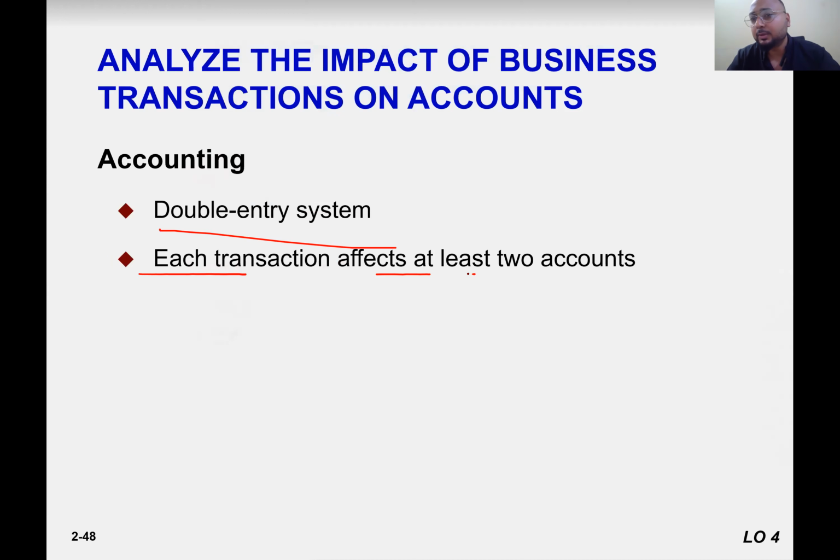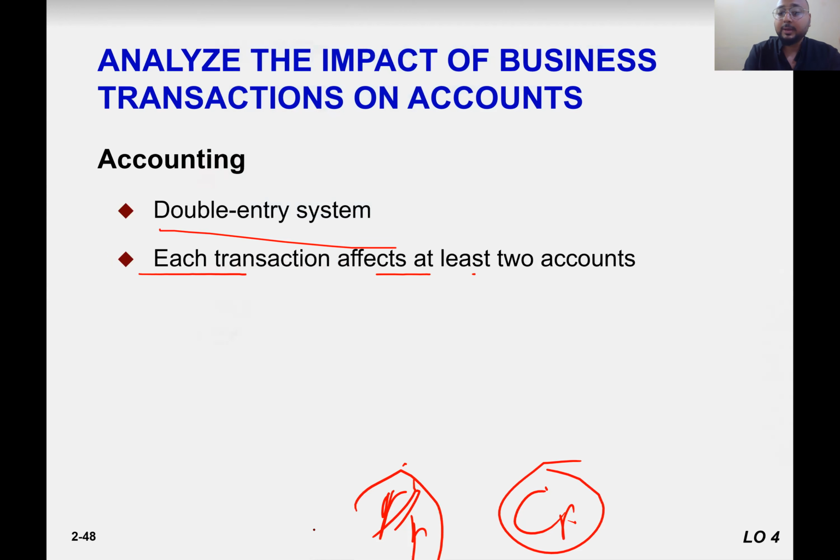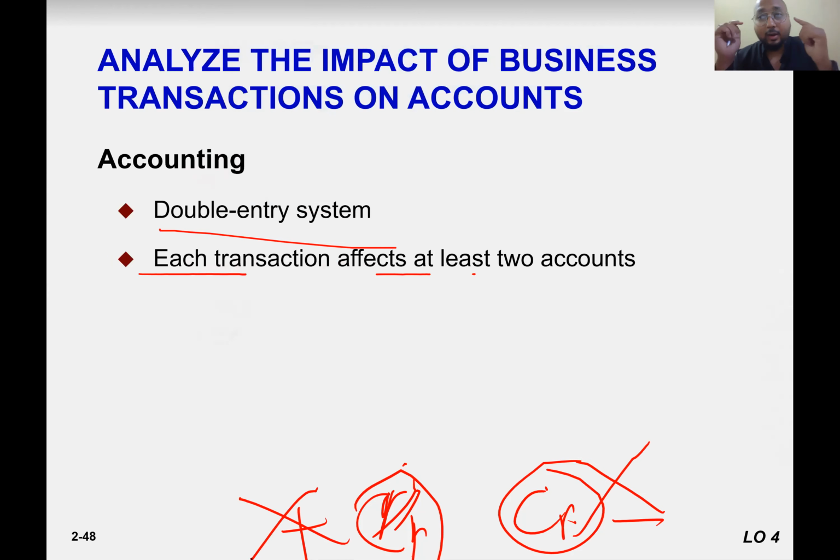We talk in terms of debit, which we represent with DR, and credit, which we represent with CR. And remember, debit and credit doesn't mean that one is positive and one is negative. No, it's a concept. Most students make the mistake of considering debit as positive and credit as negative.